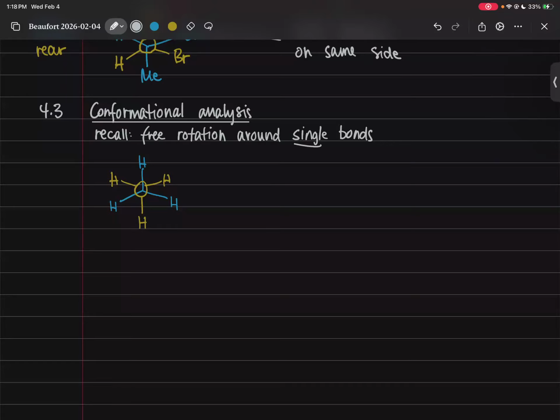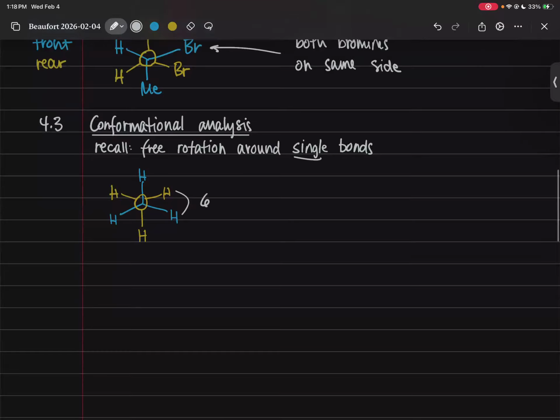But if we flatten everything down and look at it in two dimensions, the angle between two of these neighboring hydrogens, again, they're not neighboring because they're on separate carbons, the angle here, I haven't drawn it particularly nicely, but this is a 60-degree angle, and we call this the dihedral angle.